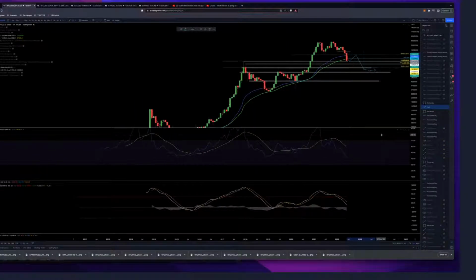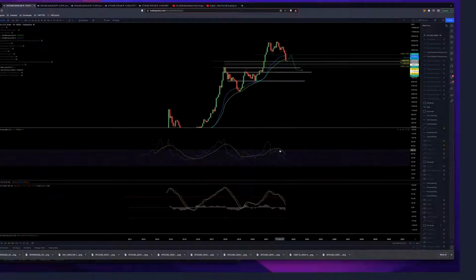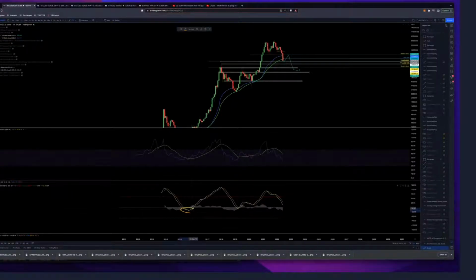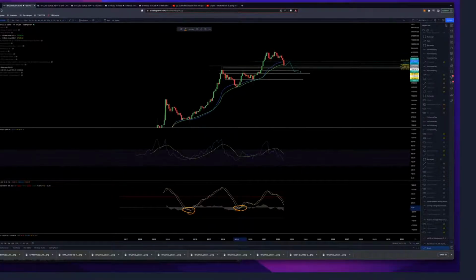So on the monthly level, we are pretty much close or even past the bottom, to tell the truth. But we need the monthly to close before we can say where it is. What we had in the past to feel confident that the bottom is in is these crossovers on the monthly level.